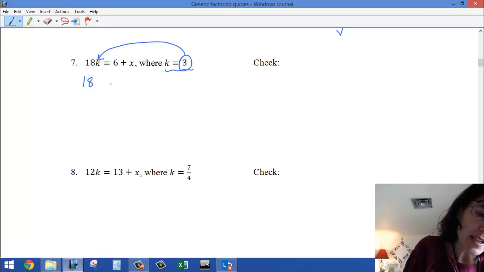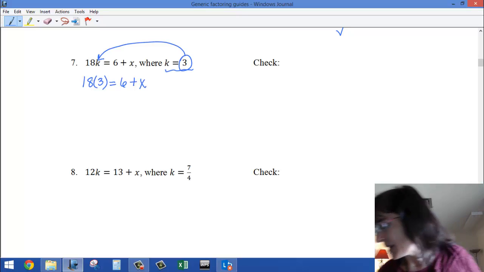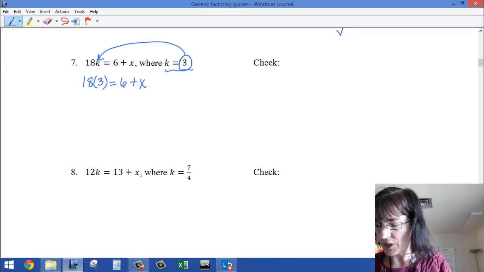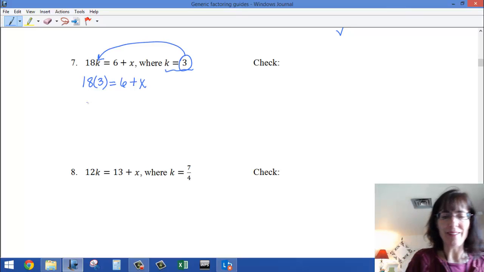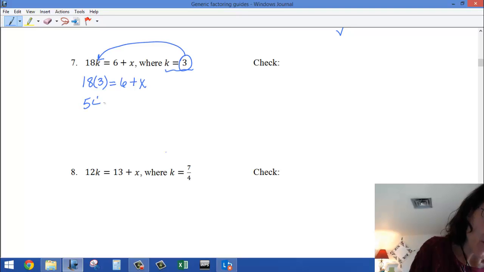So I have 18 times 3, that's what I'm plugging in for the k, equals 6 plus x. Well, 18 times 3, I think it's 48, but I want to double check. 54, good thing. So that's 54 equals 6 plus x.